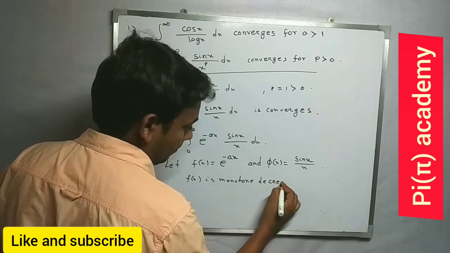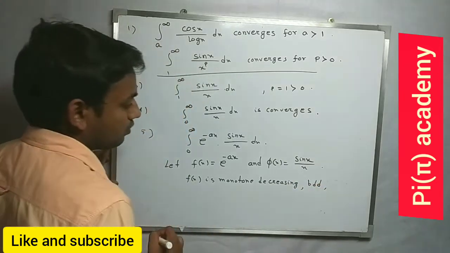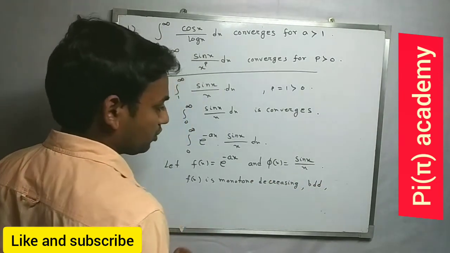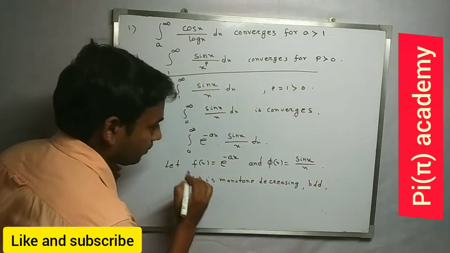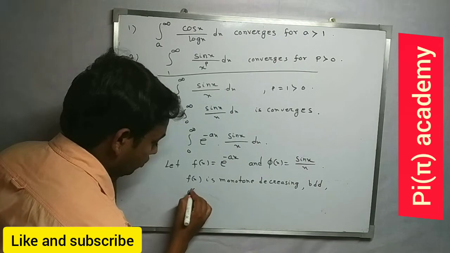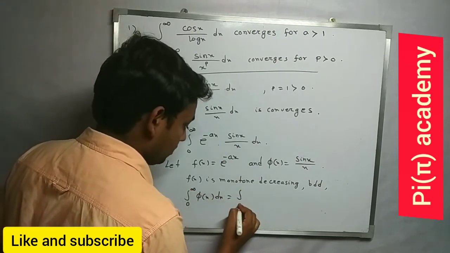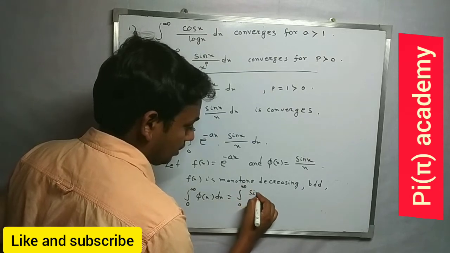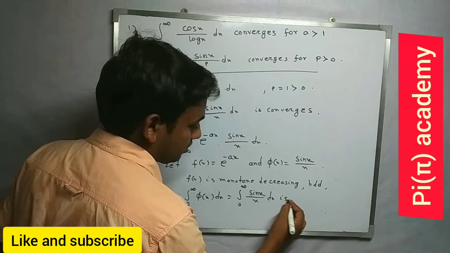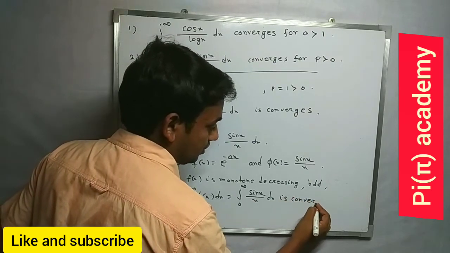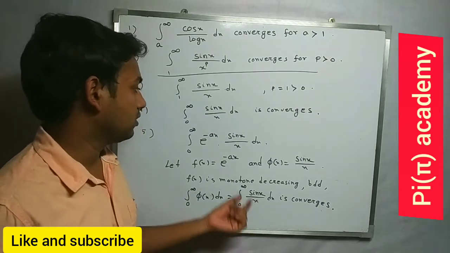decreasing and bounded, and also the integral from 0 to infinity of phi(x) dx, that is the integral from 0 to infinity of sin x divided by x dx, is convergent.